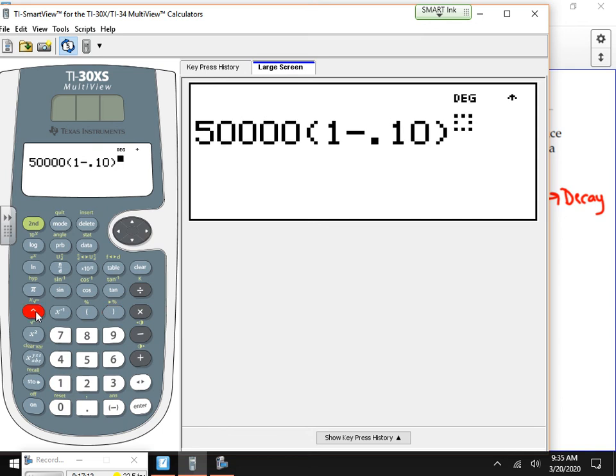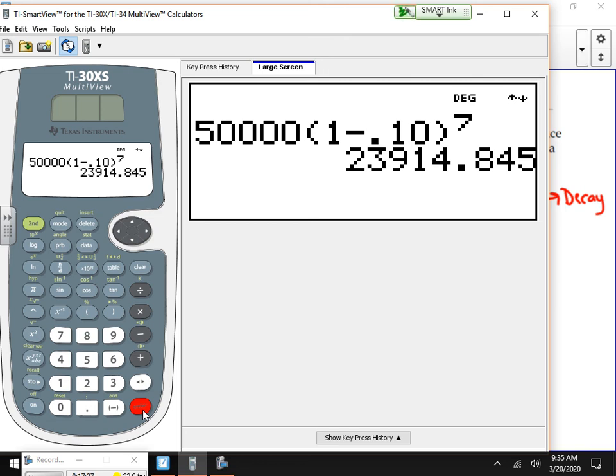I can have decimals because now I'm talking about money, and money only has 2 decimals. So what I have to do is look at this number, and it's greater than 5, which means I need to round that number up, so it becomes 85. Let's write that down. My answer is $23,914.85.